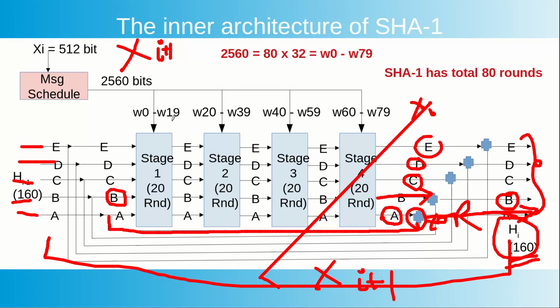In that way for each and every block it will compute. For each and every block it will take 80 steps or 80 rounds. That will compute the hash output of one 512 block, and that hash output will be fed to this hash function for computation of the next block's hash output. That is the idea.